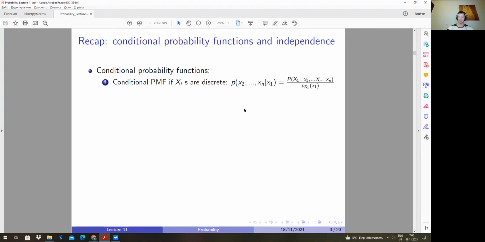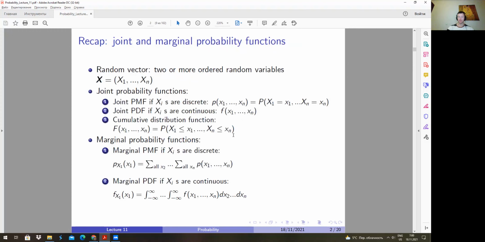So try to see the similarity here. When I calculate the marginal probability function for x1, I sum this joint probability mass function over all variables starting from x2. So all x2, all x3, up to xn.